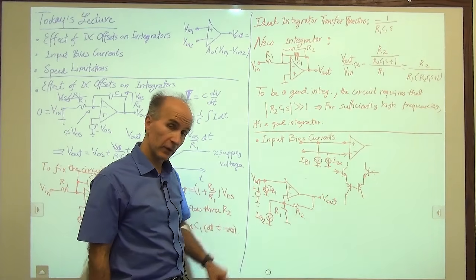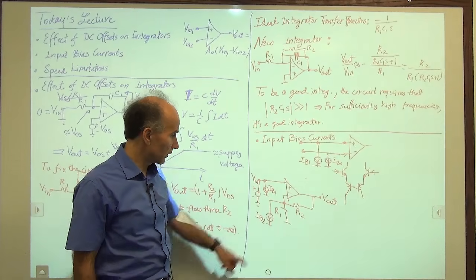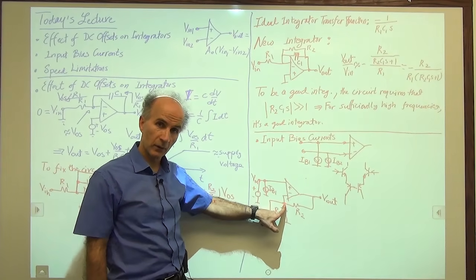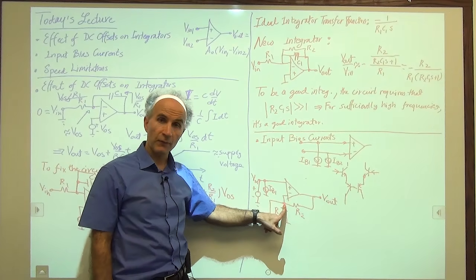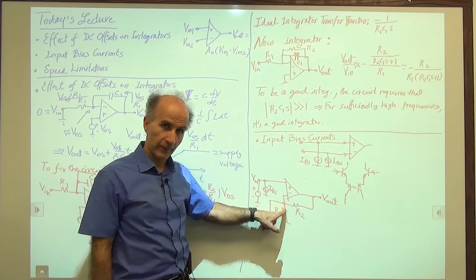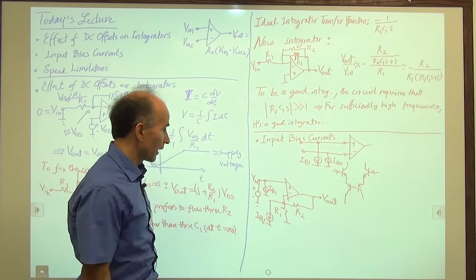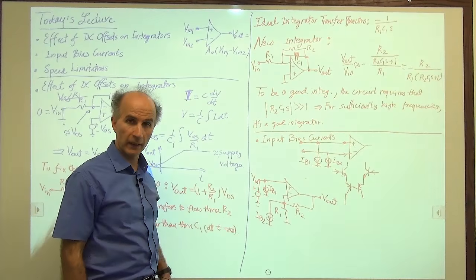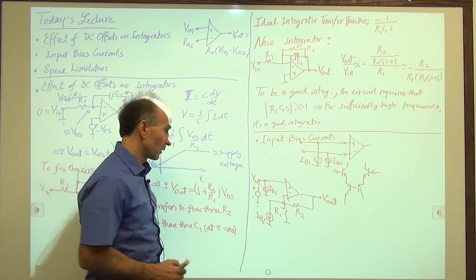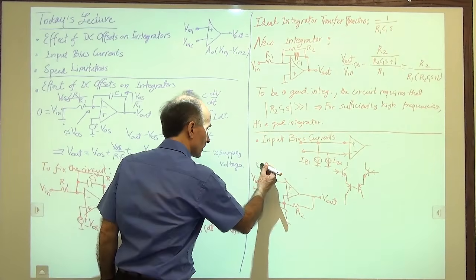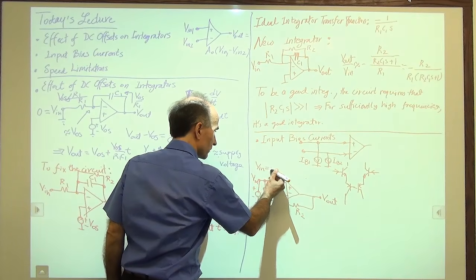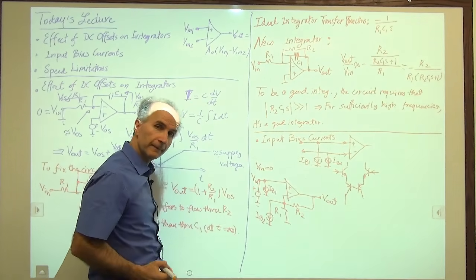All right, so let's focus on IB2. IB2 needs to flow from this node. So it has to come from somewhere. Let's find the candidates for that. And to analyze this effect, I will assume that Vin is 0. Again, I'm using superposition. So let's say Vin is 0, meaning that we just short this to ground.